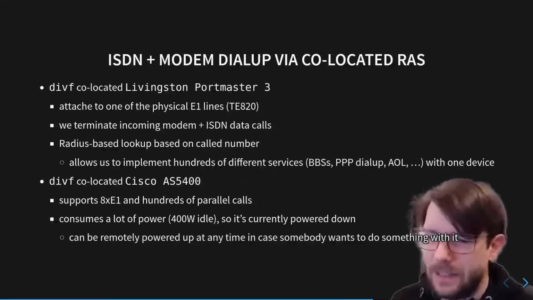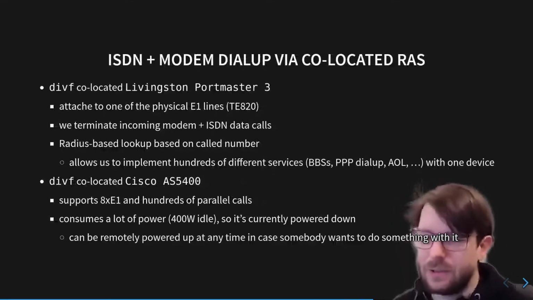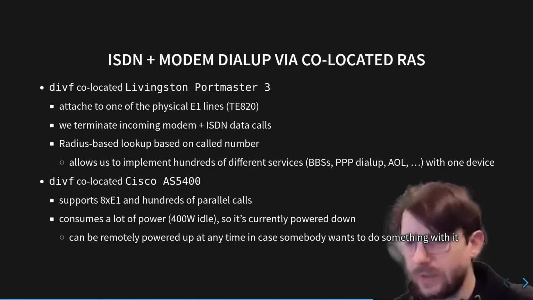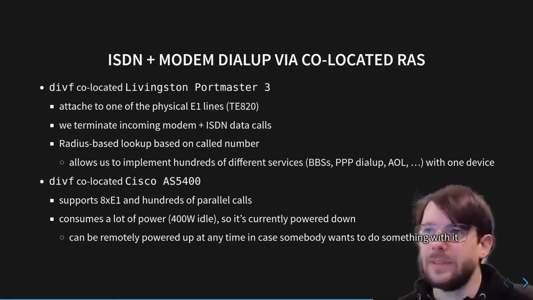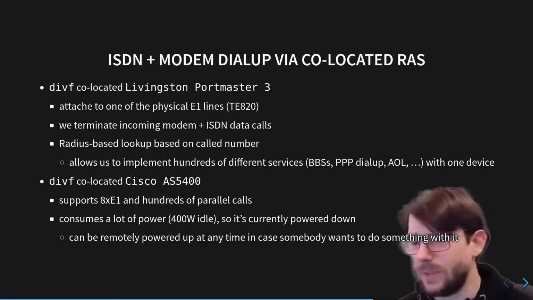Yeah, so then we have, next to this DIVF, two dial-up servers. One is a Livingston Portmaster 3 and the other one is a Cisco AS5400. Both are attached to the physical E1 lines, and we use only the Portmaster at this point. The Cisco is powered off because it consumes so much power.